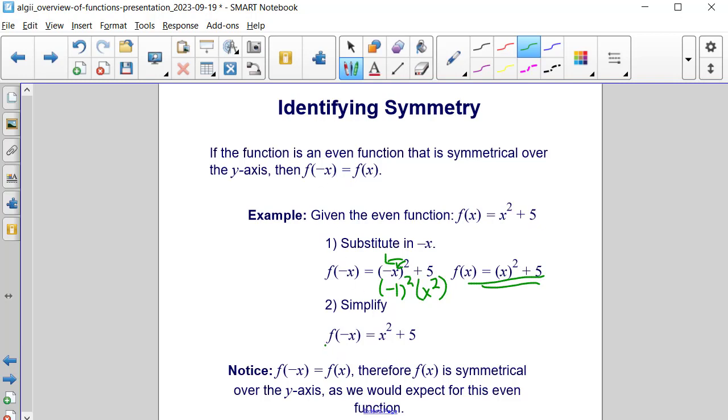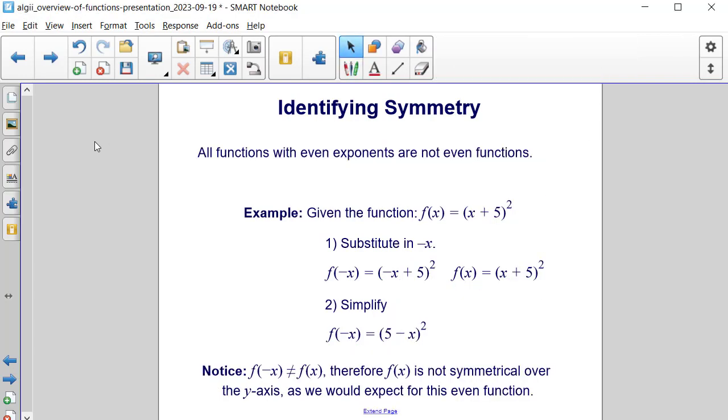So we can see that f of negative x and f of x are indeed equivalent to one another. And this property tells us that f of x is symmetrical over the y-axis, as we would expect with this even function.